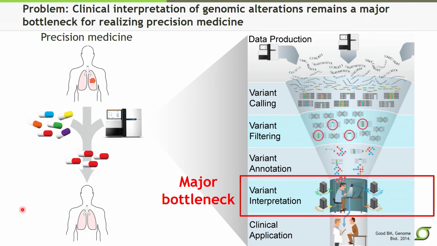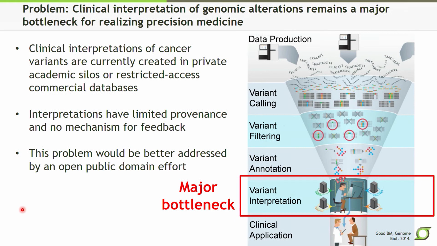Part of this really does stem from the vast literature that is out there and how quickly it is continuing to grow. But part of that is also, as Alex pointed out in the previous talk, that some of these clinical interpretations are often being curated into private academic silos and restricted access commercial databases. And a lot of times these interpretations have very limited provenance and no real mechanism for feedback.